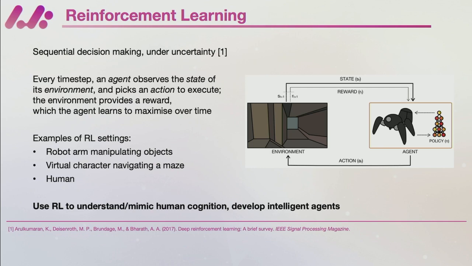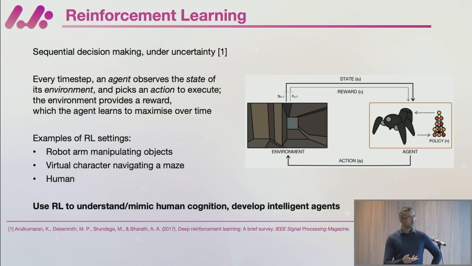So what is reinforcement learning? I think we can say it's sequential decision-making, so decision-making over time. And this happens under states of uncertainty, so generally under uncertainty over the state of the world. Looking at this diagram on the right, we can see that there is an agent, learning using reinforcement learning, that exists in an environment.